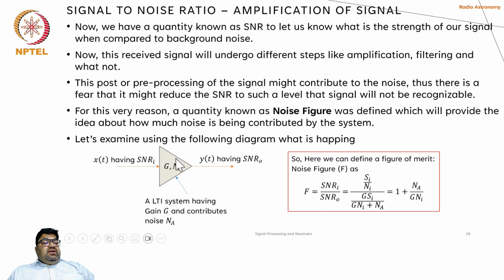The noise figure of this simple system is SNR_I over SNR_O. That comes down finally to 1 plus N_A over G times N_I, where N_I is the noise present in the input signal itself.